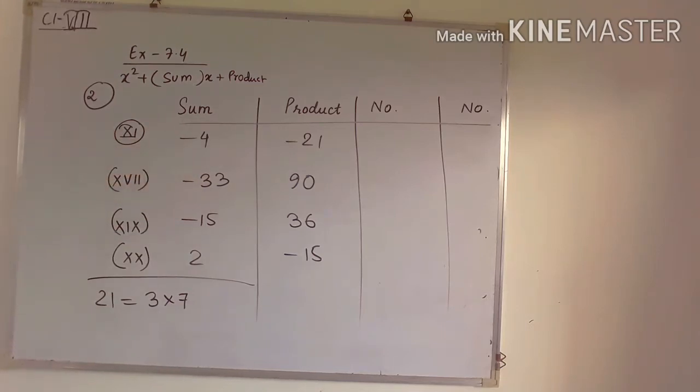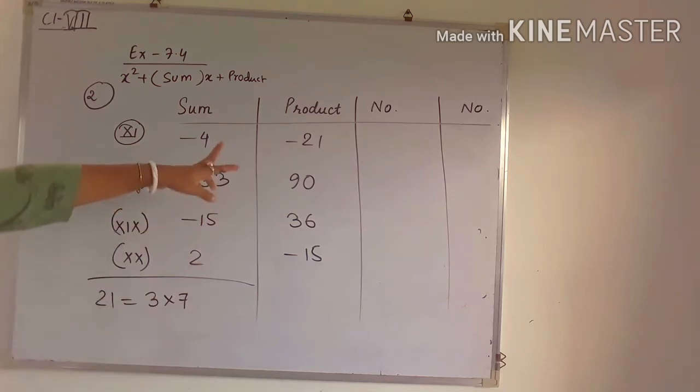So see, these are the two numbers which when we multiply, we will get 21 as the product, and sum, we have to do sum, so we can take any of the two numbers as a negative number, so that after adding the two numbers we will get what? -4. As you know that if we add a negative and a positive number, then we have to do what? Subtraction.